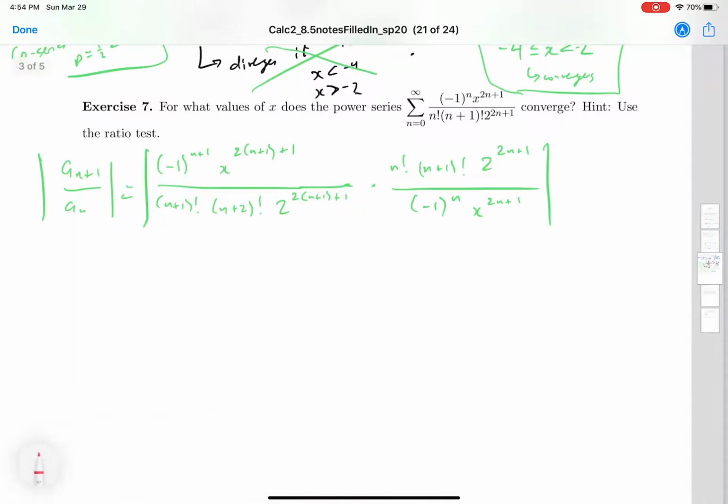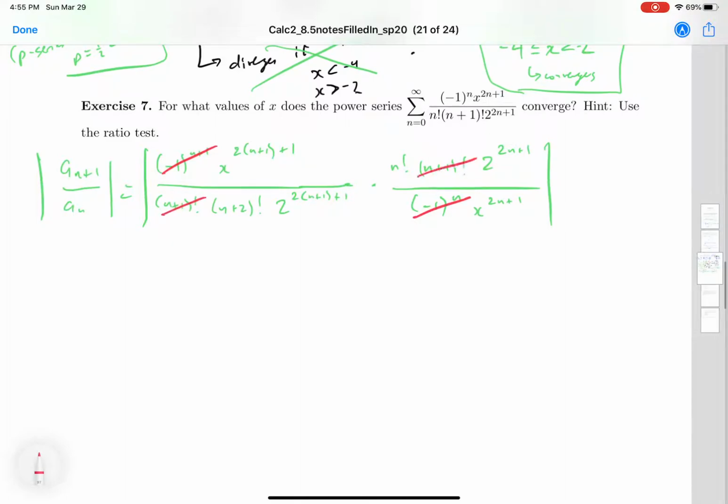Now, I'm going to cancel out a whole bunch of stuff. In particular, these negative 1 to the n's and n plus 1, when I take the absolute value, they're just going to go away. I've got an n plus 1 factorial that's going to cancel from both of those. Maybe I should just combine all these together now. Let's see, I'll get the x's together. This x to the 2n plus 1 plus 1 is going to be x to the 2n plus 3 over x to the 2n plus 1. And I'm going to be multiplying that by an n factorial divided by an n plus 2 factorial.